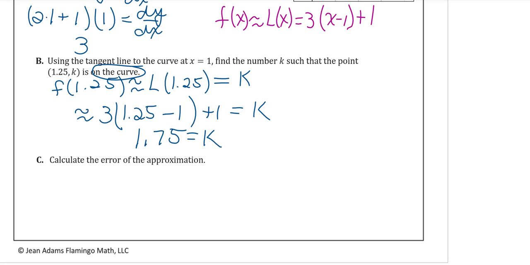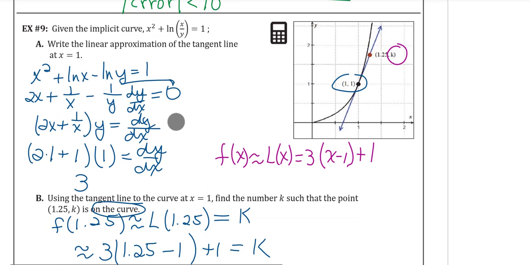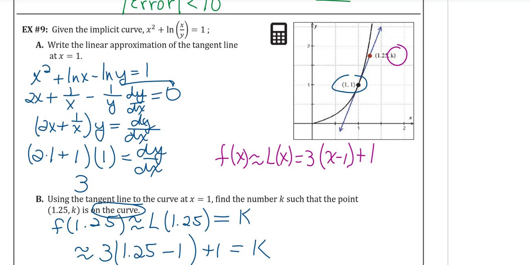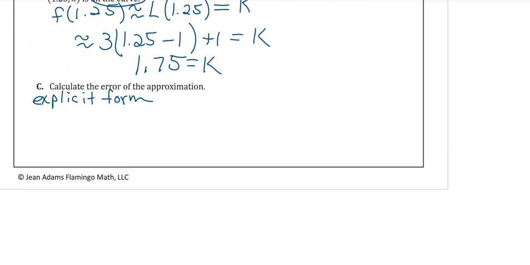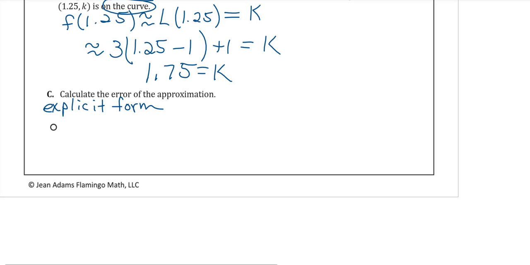So we have to change this into the explicit form. All right, so how do we do that? We'll go back to the form we have here. We're going to use this form right here, and we're going to solve it for y. So we have x squared plus ln of x minus ln of y equals 1.